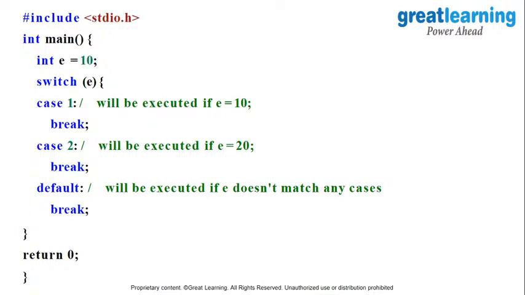If none of these cases match, then is this correctly written? Is this statement correctly written? The cases do not match, so what will be executed? The default case will be executed.